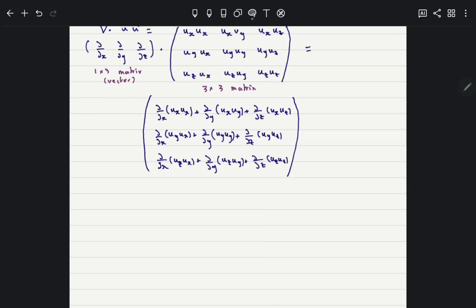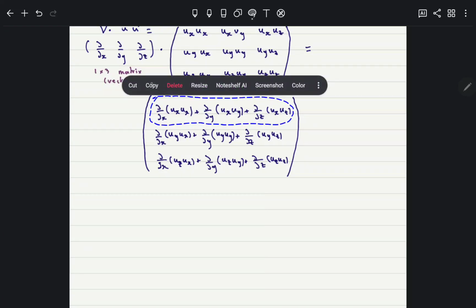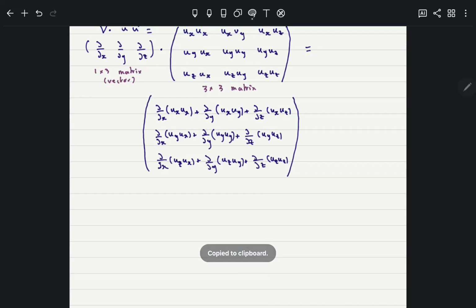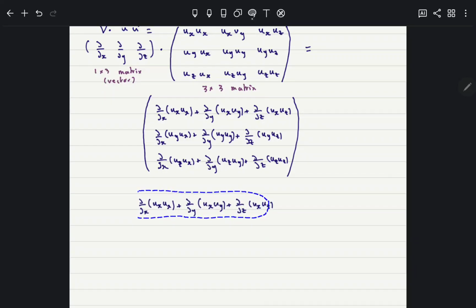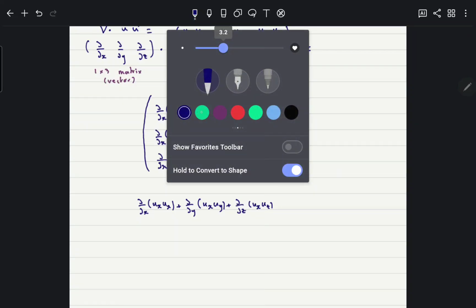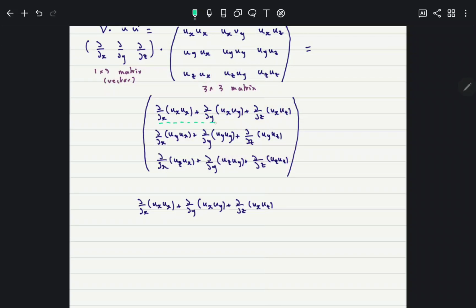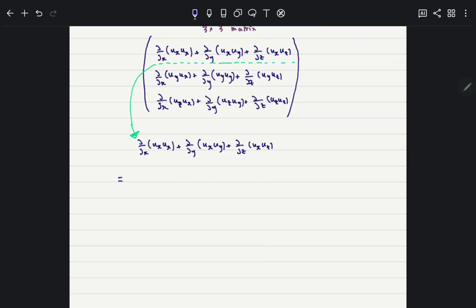Okay, and next, what I want to do is just look at the first component of our vector, just for you to realize something. So I'll copy and paste it here, highlight it, put it here. And I will further apply the partial derivative term.